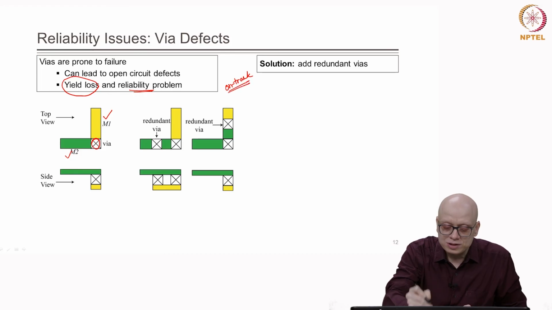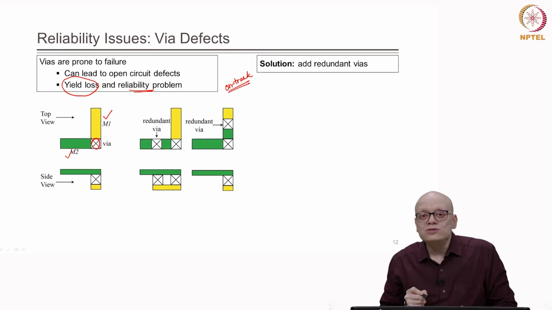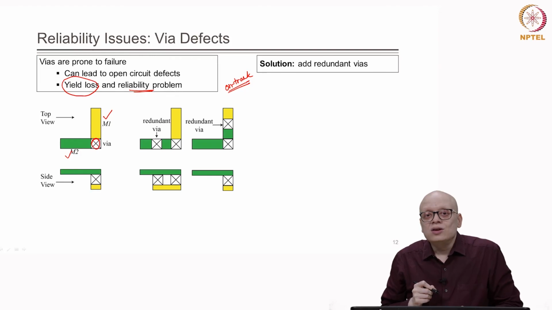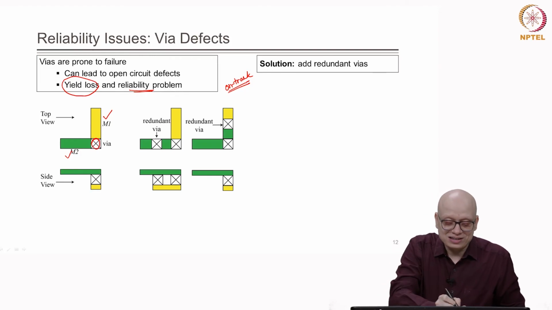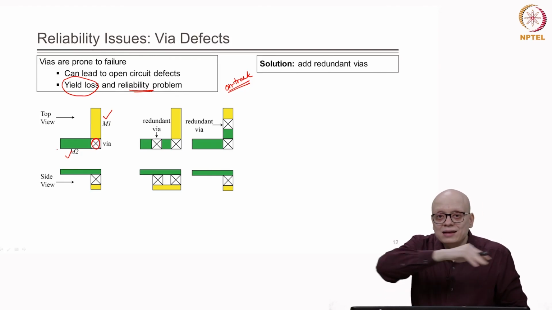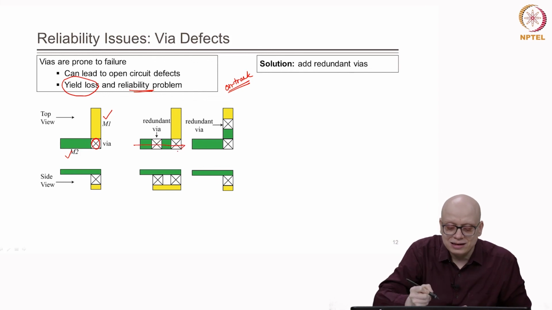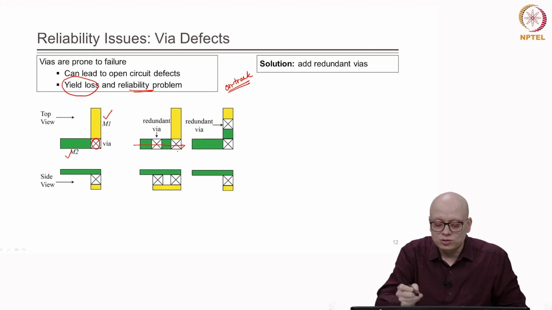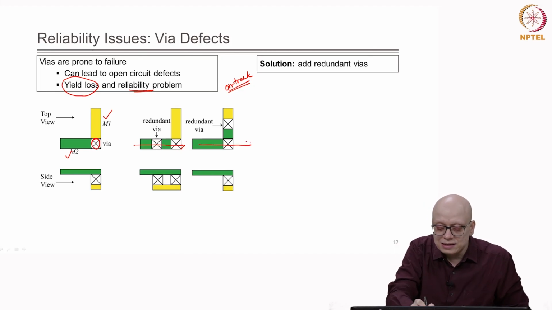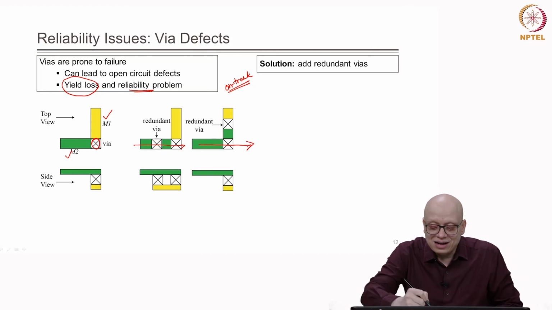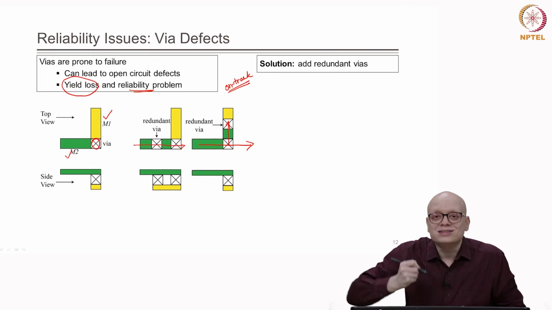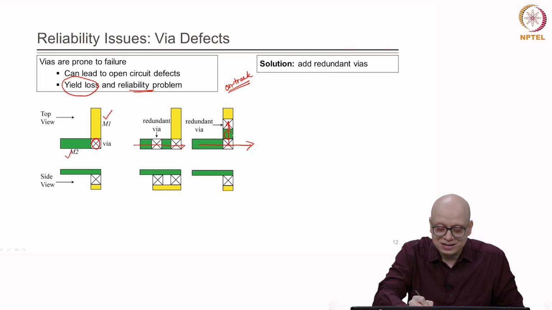In this, we extend one of the lines in the non-preferred direction. For example, this M2 was in the horizontal direction. We extend this M2 layer along this direction for a short distance and make a connection.